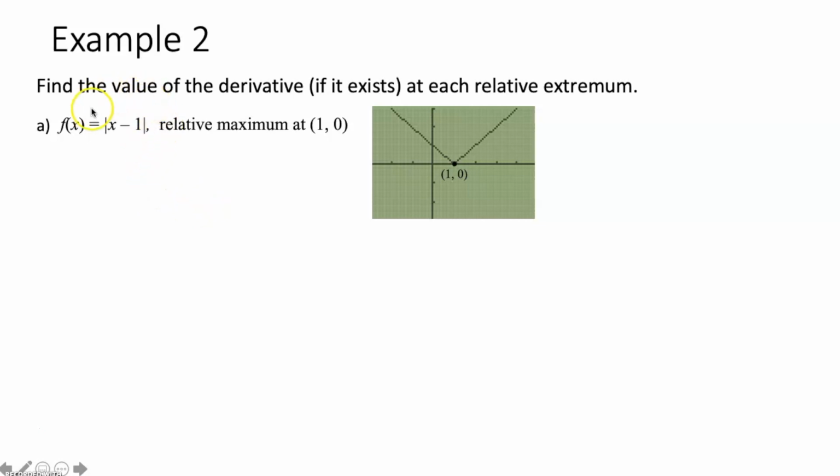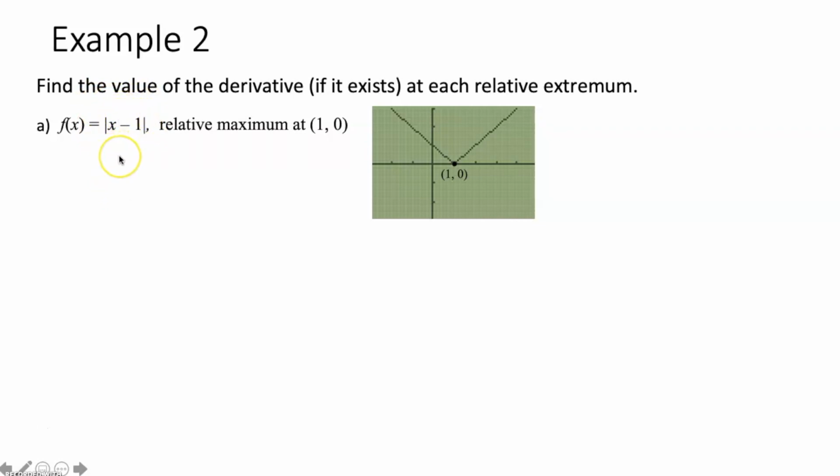When you're taking the derivative of an absolute value function, you need to break it into a piecewise function. In order to break this into a piecewise function, you're going to say when x is greater than or equal to 1, the absolute value doesn't matter. If I plug in 1 or 2 or 3 or 4, the absolute value does not affect what happens in here because it's going to be a positive number.